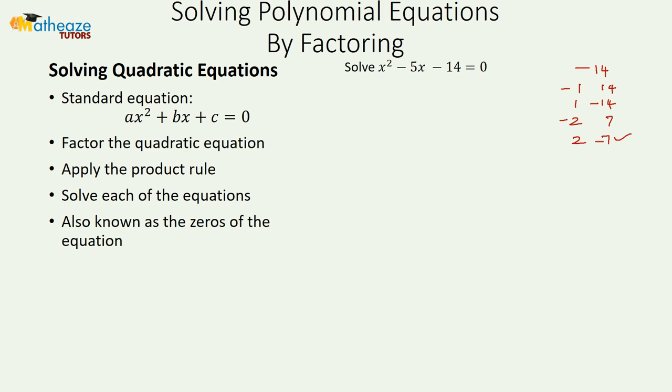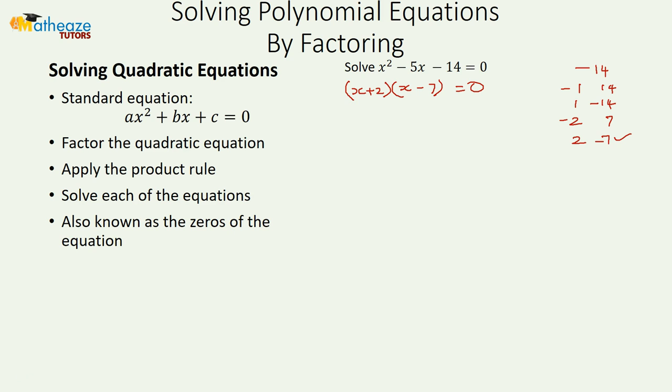So that's this right here. So we have this equal to 0. So x plus 2, x minus 7. What this means here is that x plus 2 multiplied by x minus 7 equal to 0.